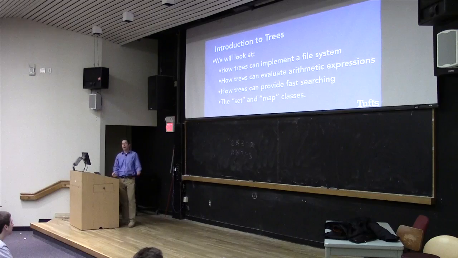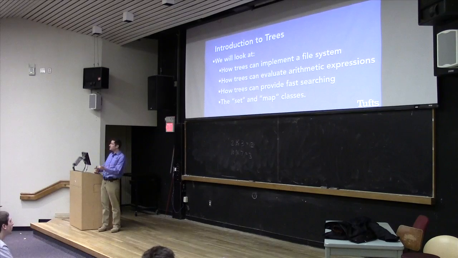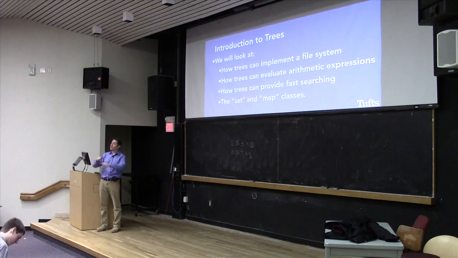We're going to look at what trees can do, before I even describe what a tree is. Trees are the data structure. It's not necessarily how most operating systems are actually built, but you can model an operating system file system, like your files, in a tree structure. We'll talk about that. We're also going to talk about how trees can evaluate arithmetic expressions.